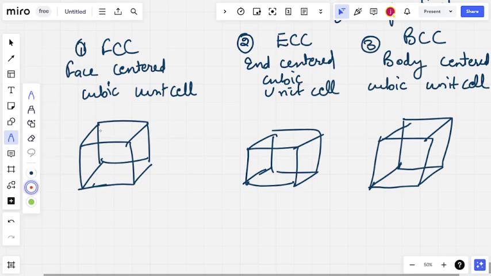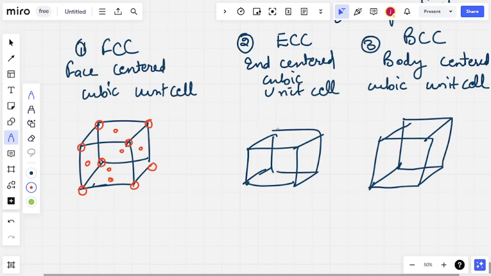Now in the face centered, 8 constituent particles are there at the corners, and then the faces: 6 faces are there in a cube and each face is having a constituent particle at the center of the face.